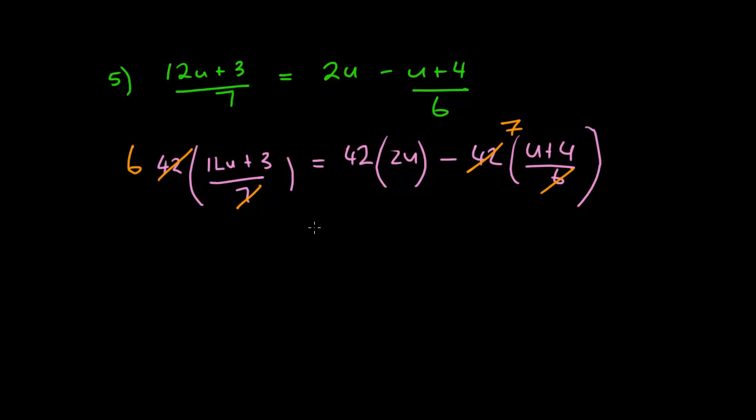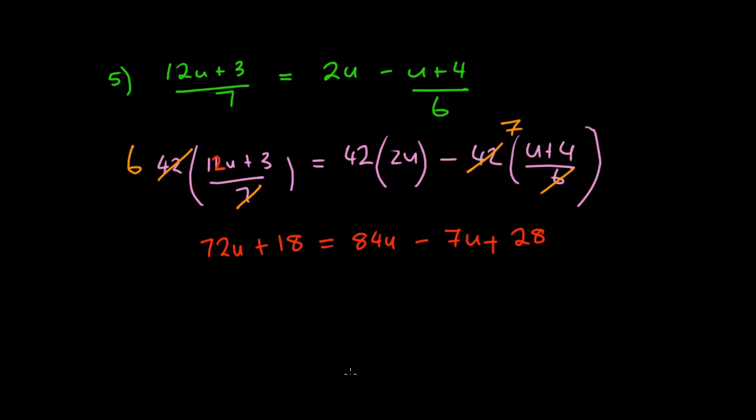So we've got 6 times 12u. It kind of doesn't look like 12 there, does it? 6 times 12u, well, 6 12s are 72u, plus 6 3s are 18. 42 times 2u is 84u, minus, and we've got 7 times u minus, make sure, a minus 7u and a minus 4, so minus 7u plus 28.